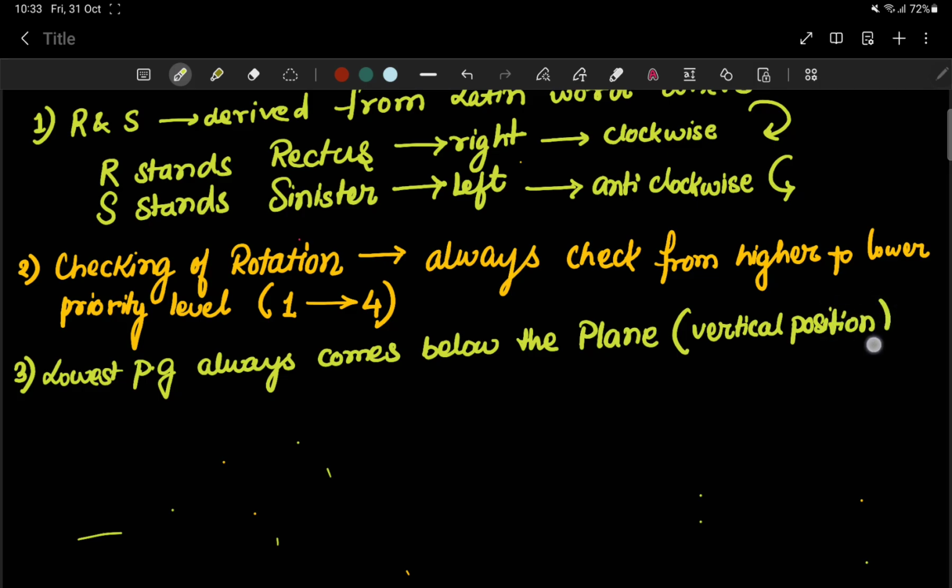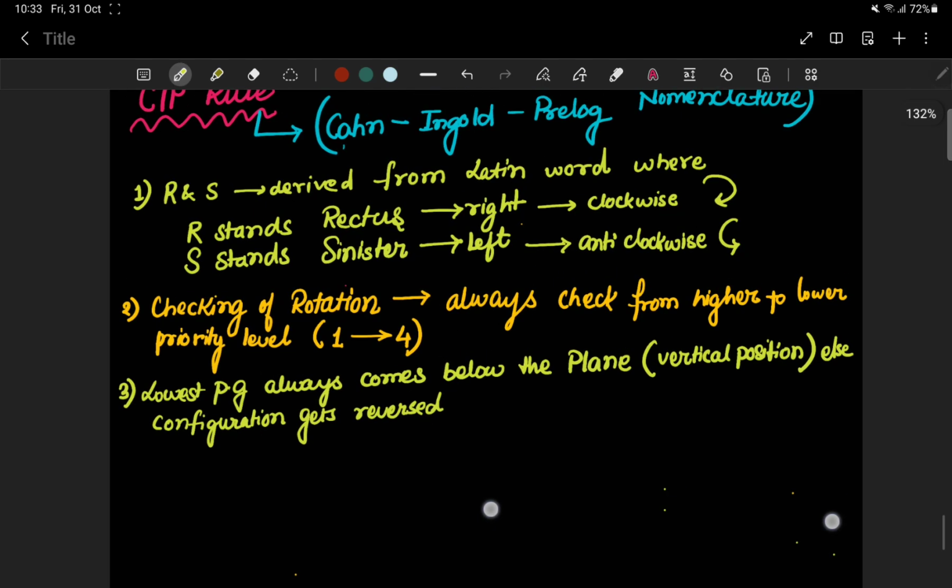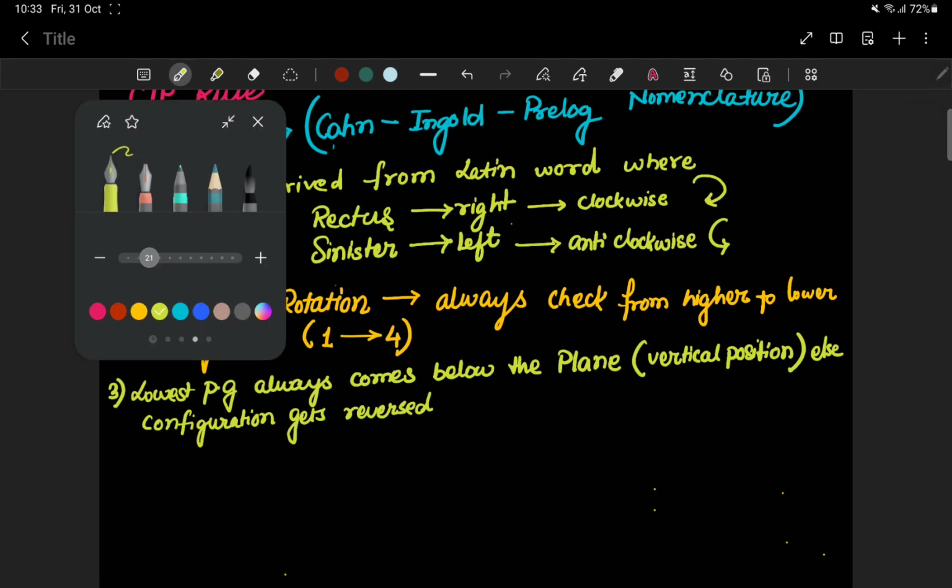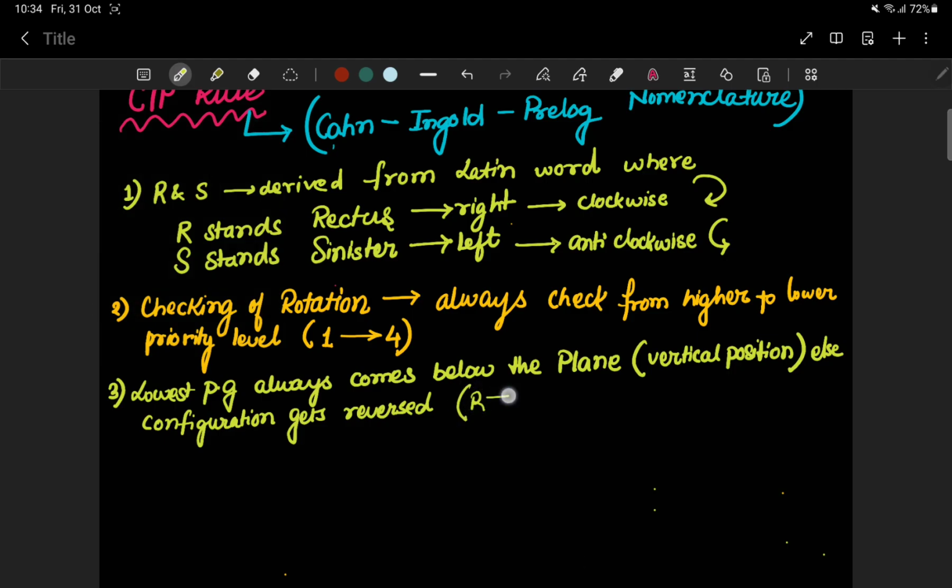Else the configuration gets reversed. Reverse means if it is R, then it would convert into S, and if it is S, it will be R.